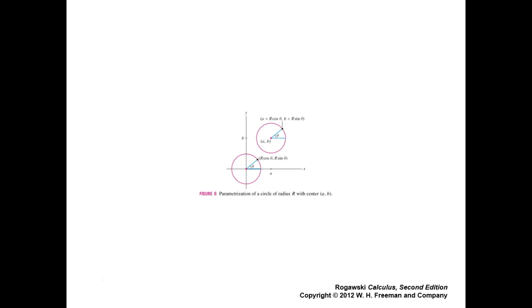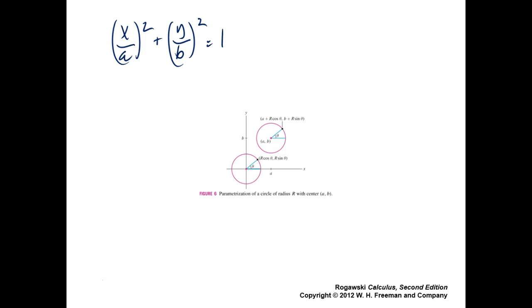Now here is the standard equation of an ellipse: x over a squared plus y over b squared is equal to 1. That's your standard equation for an ellipse.